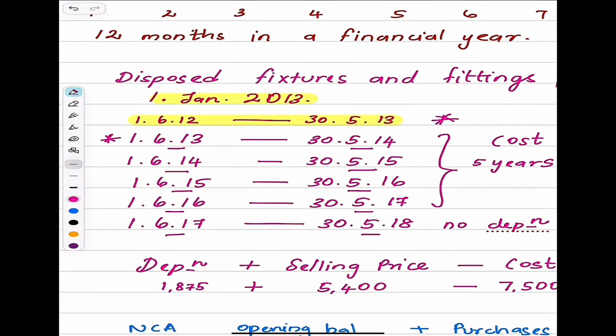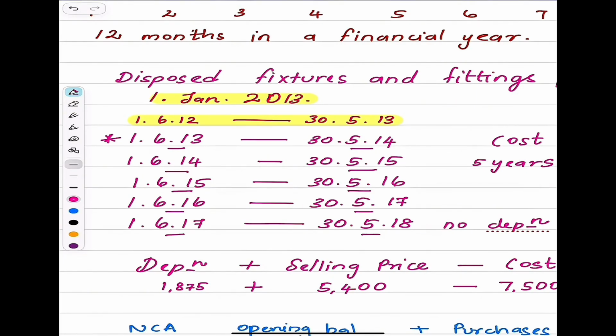This fixture and fitting was purchased on 1st Jan 2013. So remember to take all the financial years up to that specific financial year. As you can see here, I've taken it from 1/6/12 to 30th 5/13, 1/6/13 to 30th 5/14, 1/6/14 to 30th 5/15, 1/6/15 to 30th 5/16, 1/6/16 to 30th 5/17, 1/6/17 to 30th 5/18.